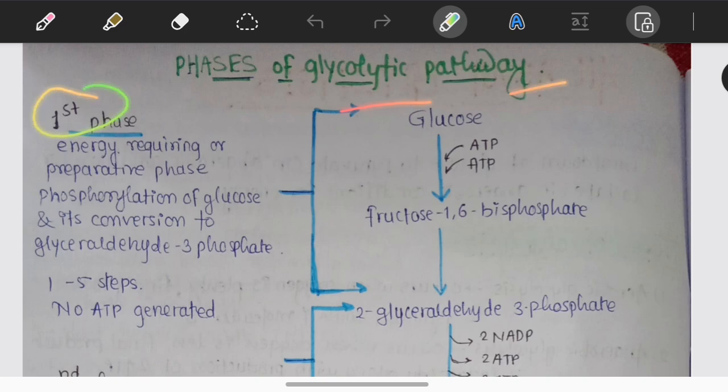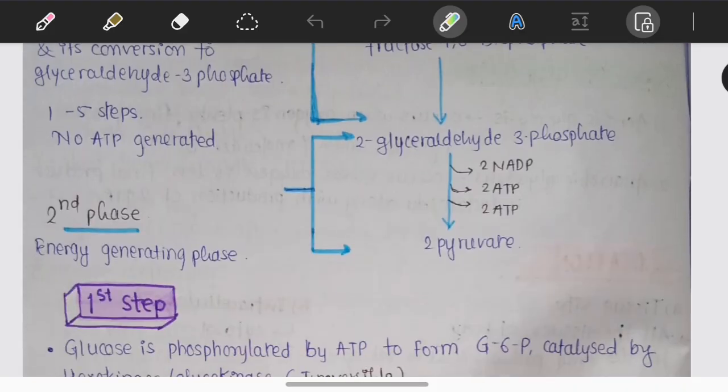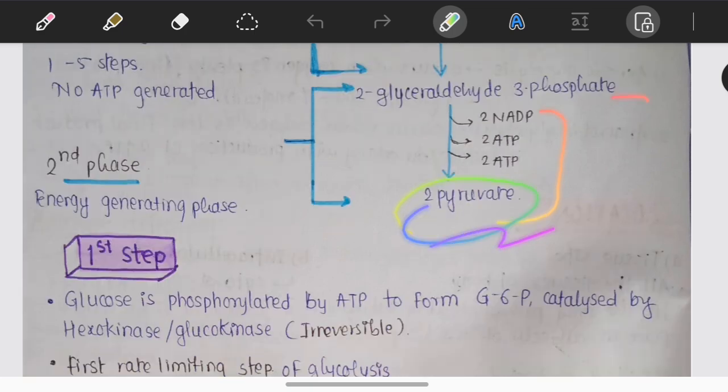First phase, the energy requiring or preparative phase, is from glucose to fructose 1,6-bisphosphate and then its conversion to glyceraldehyde 3-phosphate. In steps 1 to 5, no ATP is generated. In the second phase, the energy generating phase, glyceraldehyde 3-phosphate goes finally to pyruvate.